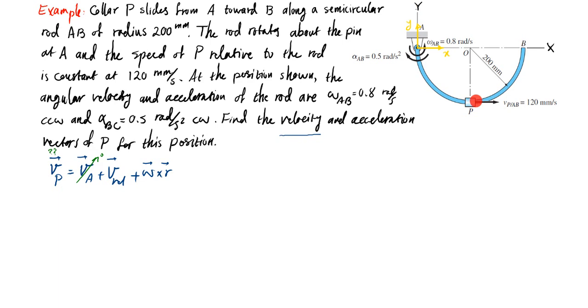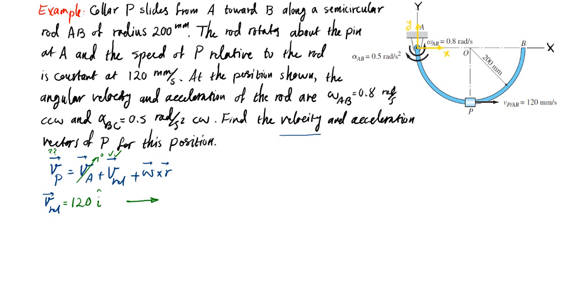If it slides towards B or towards A, we're going to have a different story, but at that specific moment it's along i. So I know its magnitude and direction, and as a vector V relative is 120 in the i direction.